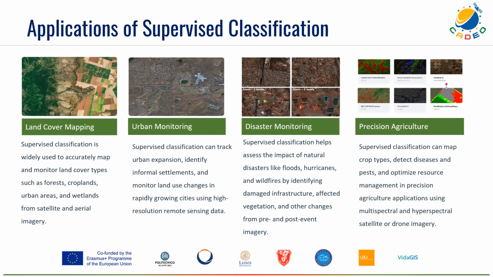There are a lot of ways to apply supervised classification. In the field of natural resources management, supervised classification is invaluable for mapping and monitoring the distributions of forests, wetlands, and other natural ecosystems.